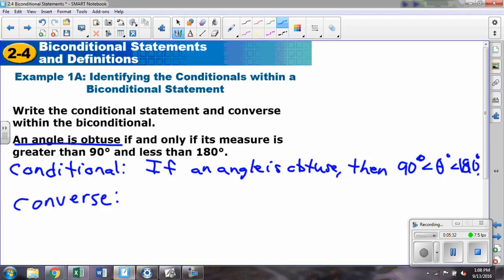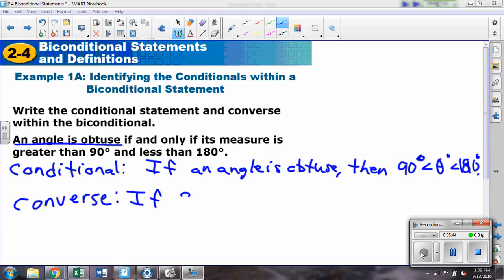And now we want to write out the converse. Taking what you're telling me, if the measure of the angle is greater than 90 and less than 180 degrees, then the angle is obtuse.